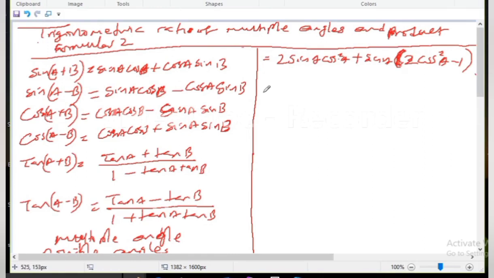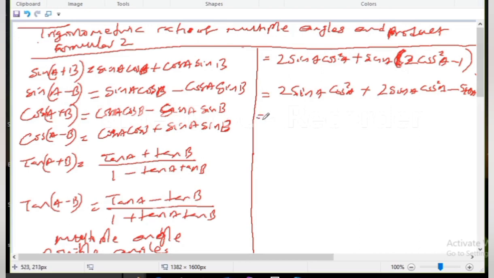So this one will give you 2 sine A cos squared A plus 2 sine A cos squared A minus sine A.